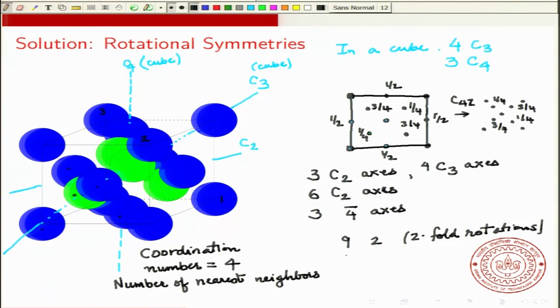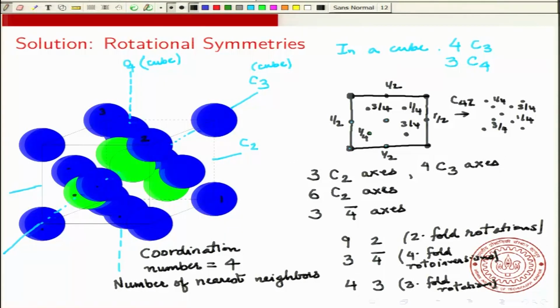You have 3 of 4 bar, these are 4-fold roto-inversions. And finally, you have 4 3 axes, that is 3-fold rotation. So these are all the rotation axes that are present in the diamond lattice.